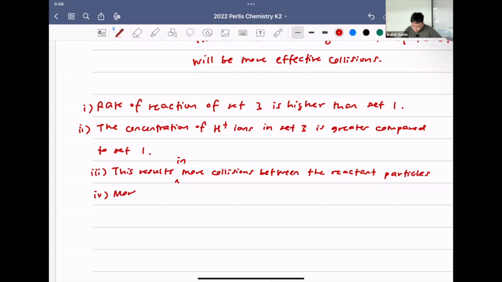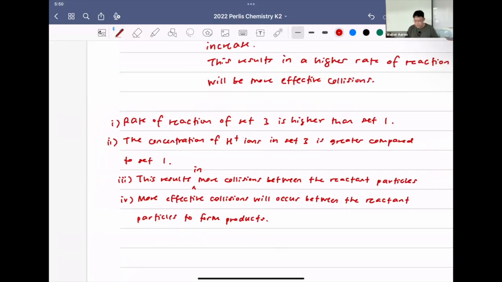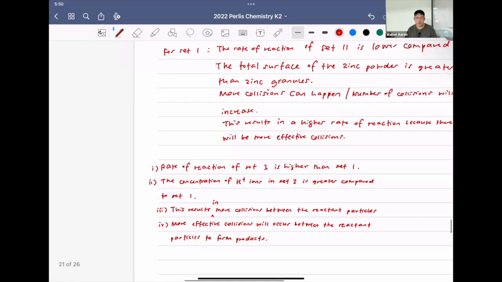And then you say more effective collisions will occur between the reactant particles to form products. And I think that's pretty much it. Done. Okay.